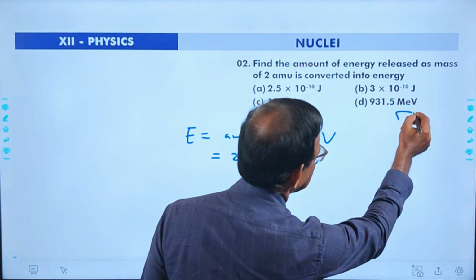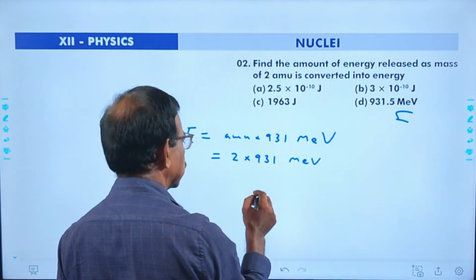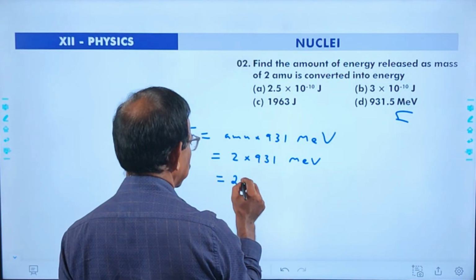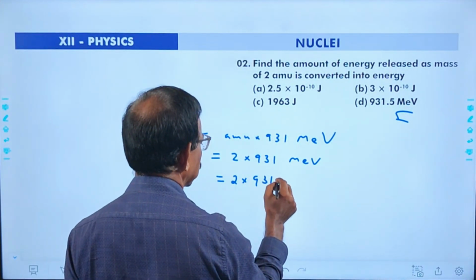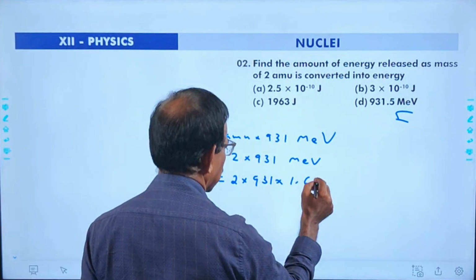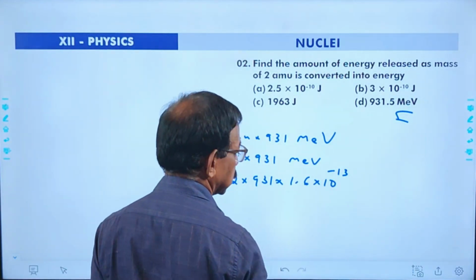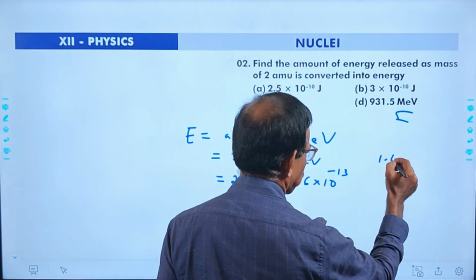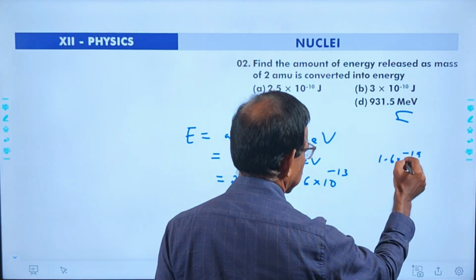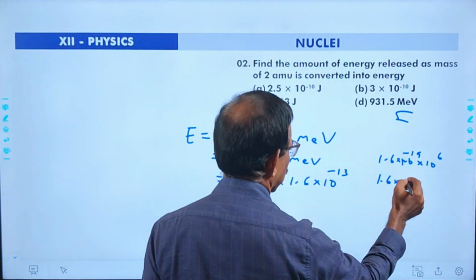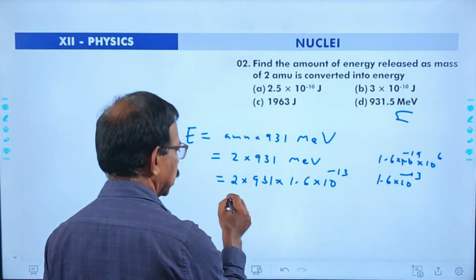The options are all in joule, but our answer is in MeV, and it is 2 into 931. So 2 into 931 into MeV, mega electron volt. 1 eV is 1.6 into 10 raised to minus 19, and mega means into 10 raised to 6, so that is 1.6 into 10 raised to minus 13.